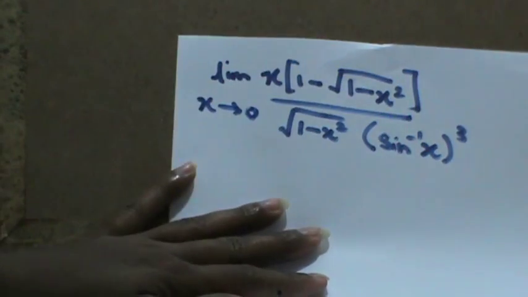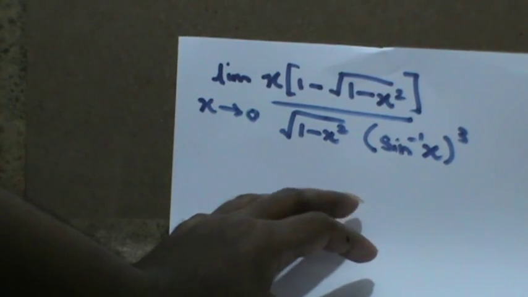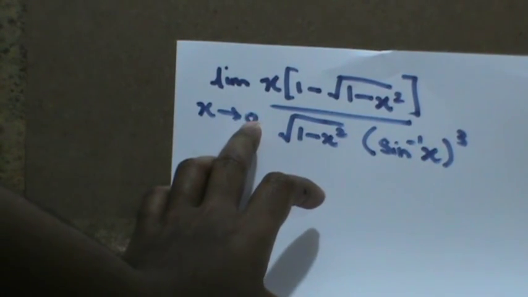I'll take the limit as x goes to 0. First of all, we'll substitute 0 in place of x and see what happens.